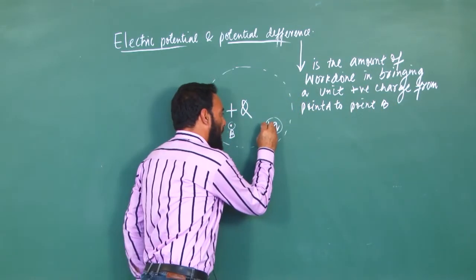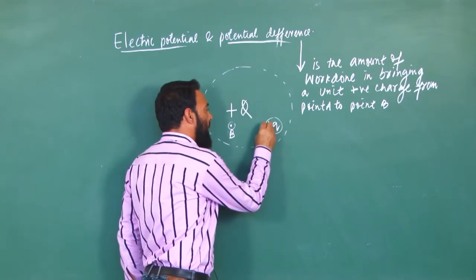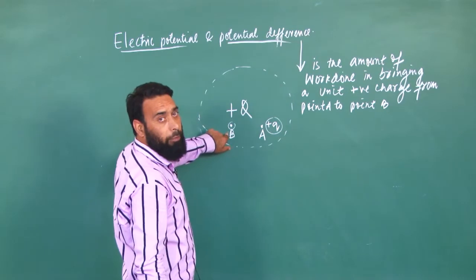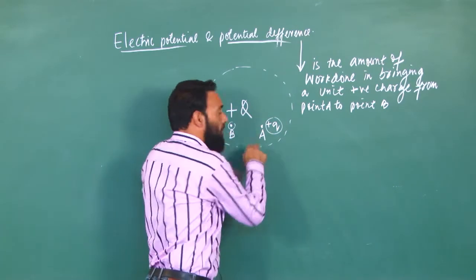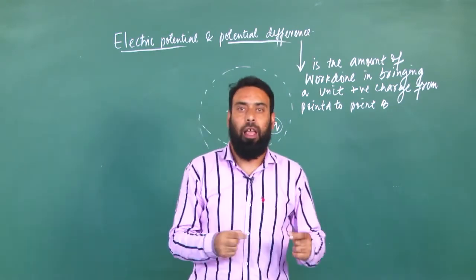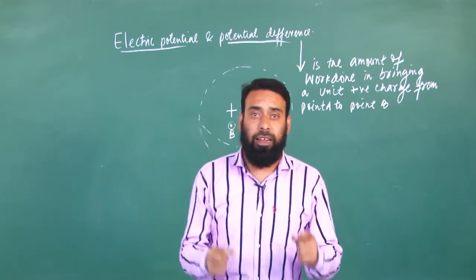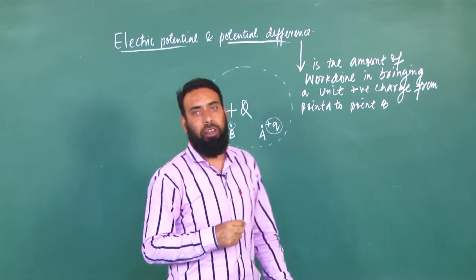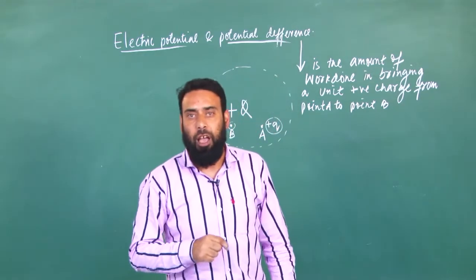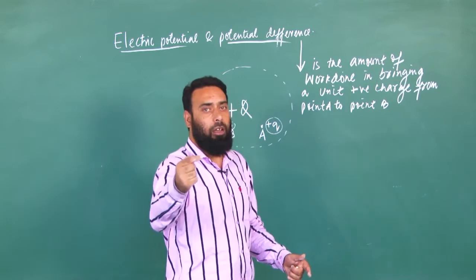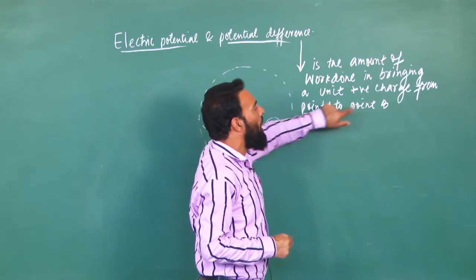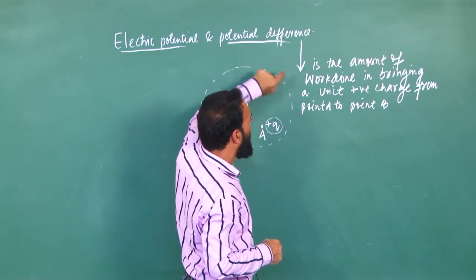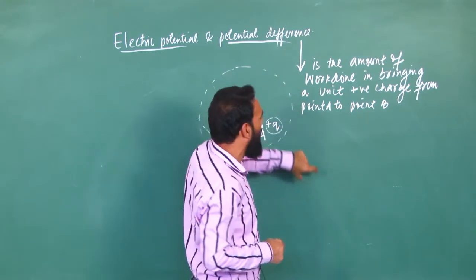At point A there is an electric potential, and at point B there is also an electric potential. So at these 2 points there are different potentials, and that difference we call electric potential difference. And this electric potential difference is very important for the flow of charge. As you know, water flows from a higher level to a lower level, and a ball dropped from a higher height falls to a lower height.